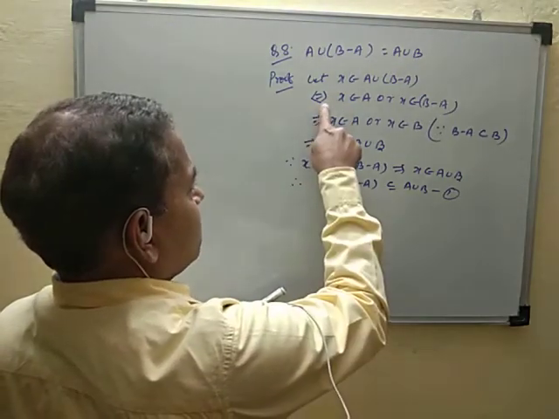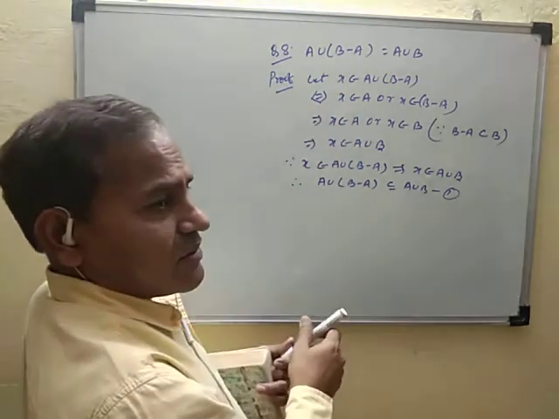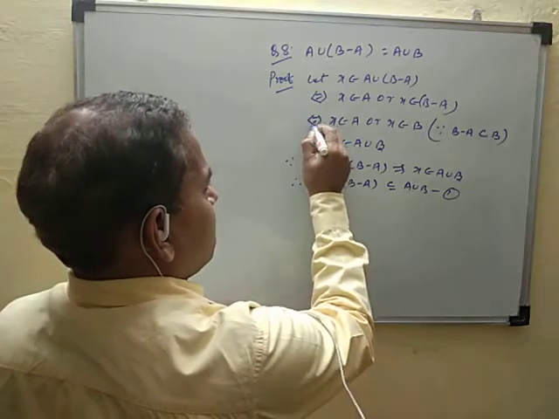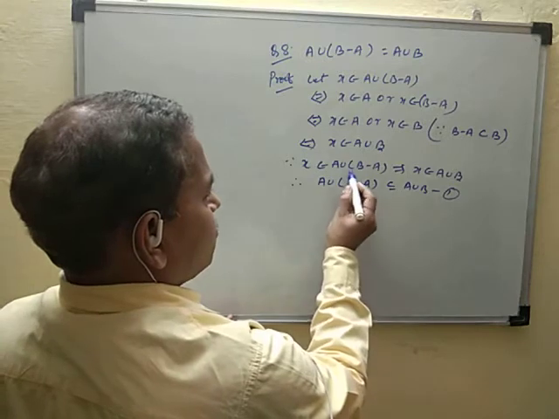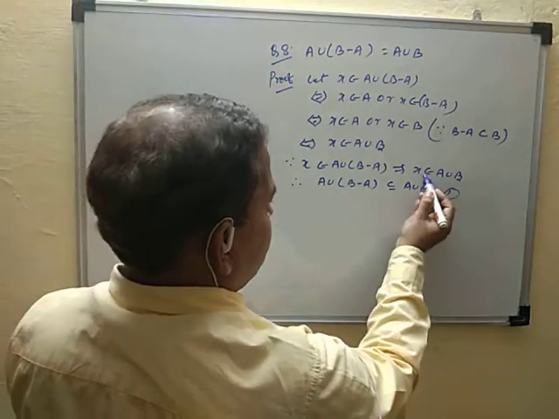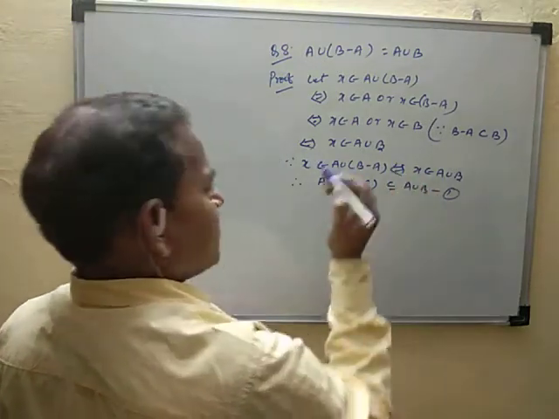This is read as implies and implies. Implies and implies means here X belongs to this, implies this, and X belongs to A union B, implies this.